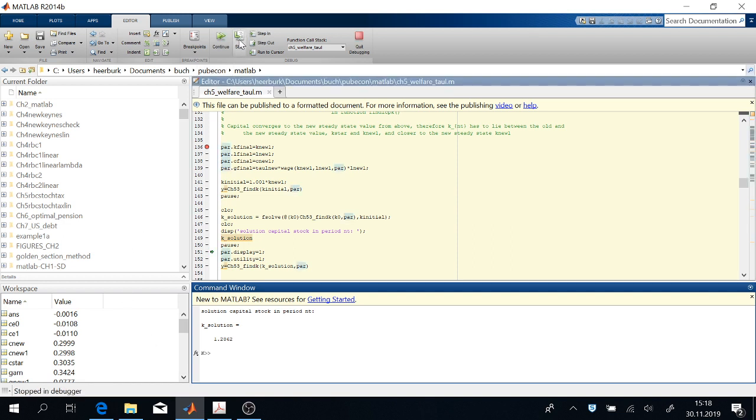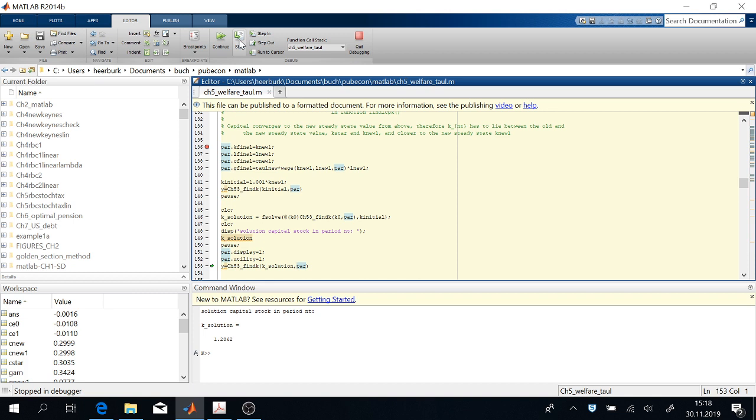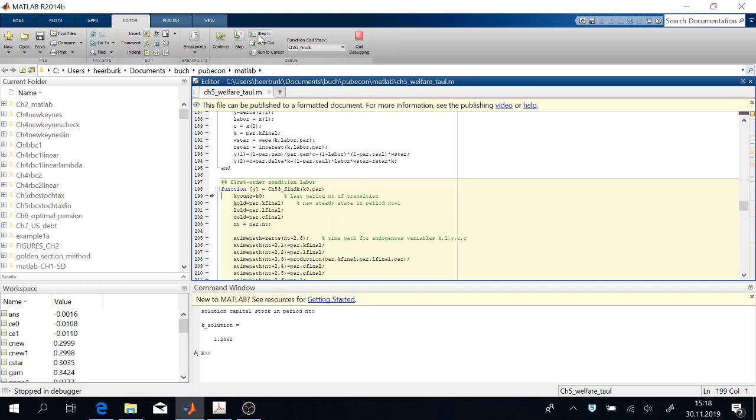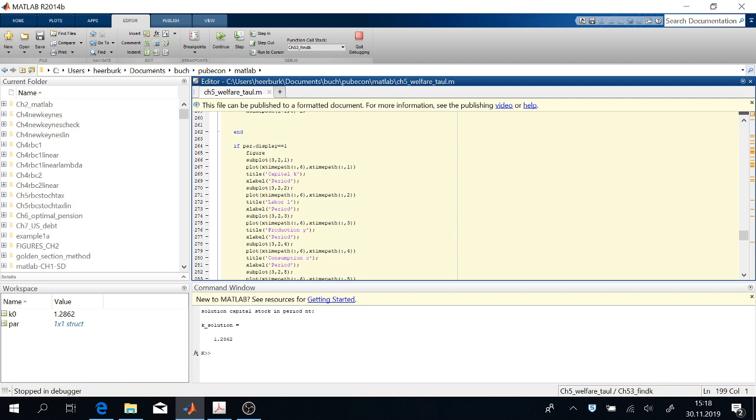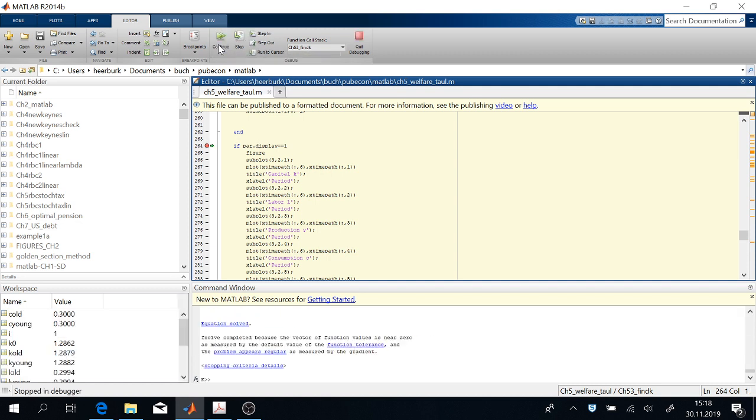And now we changed the two parameters display and utility to 1, so that when we execute the function find k, chapter 5.3 find k, the solution is displayed and lifetime utility is computed. So let me get into this function here again to show you what's new now. We do the same iteration that I described to you, and let's go to line 264, so continue our iteration.